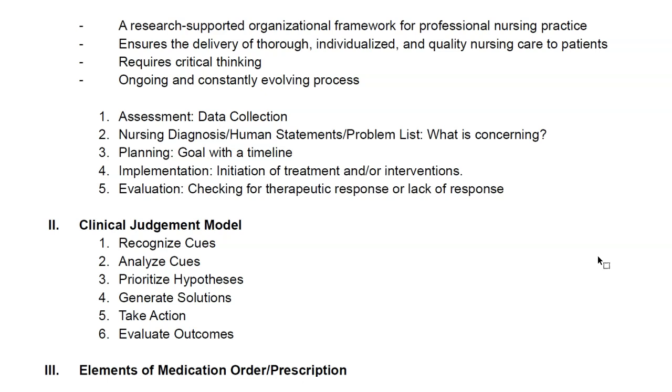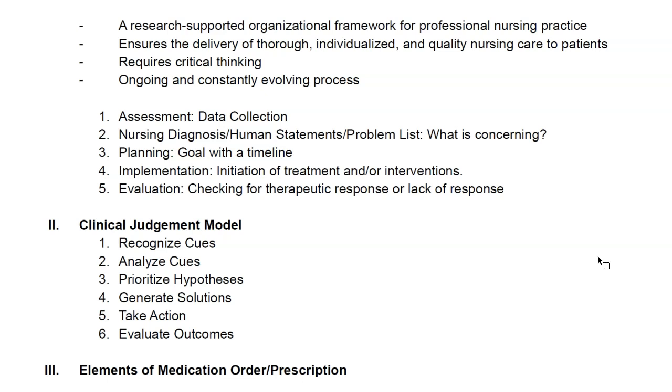And then number 5, once we have an idea of what we're gonna do, then it's time to actually do it, right? Take action. So this is when we administer the medication, we get the patient ready for whatever procedure and so on. And number 6 is gonna be basically the same thing as number 5 from your nursing process. So number 6 in clinical judgment model is evaluation of outcomes.